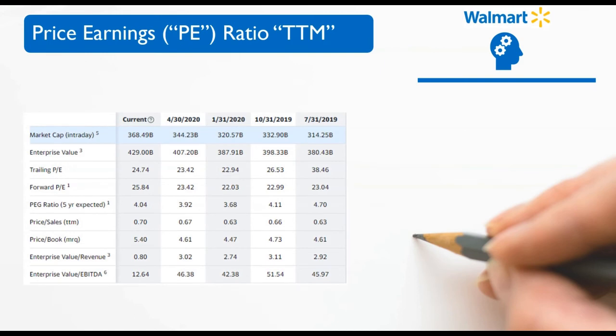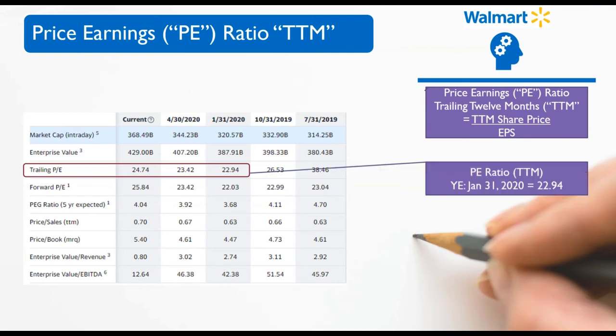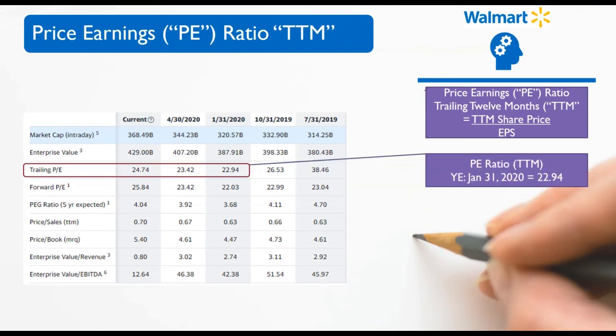Now, similarly, we'll look at the trailing 12-month PE ratio for Walmart. And here we can see as at Walmart's fiscal year end of Jan 31st, 2020, Walmart had a trailing PE ratio of 22.94.